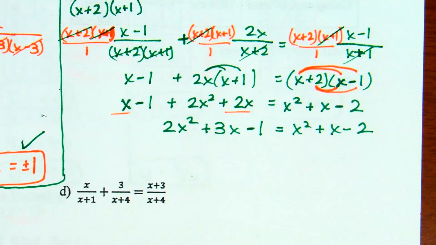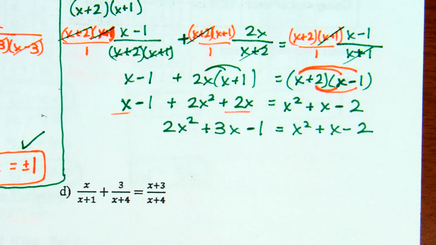Thoughts on where to proceed? Add the 1 over and subtract the x squared and x. What do we want our goal to be here?